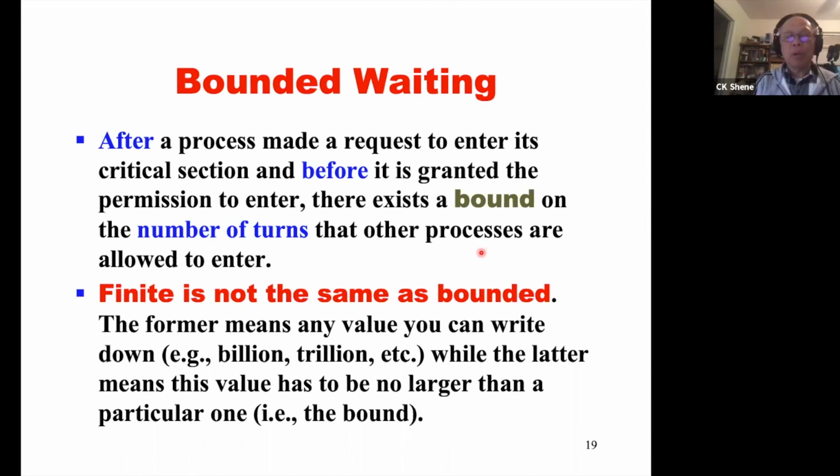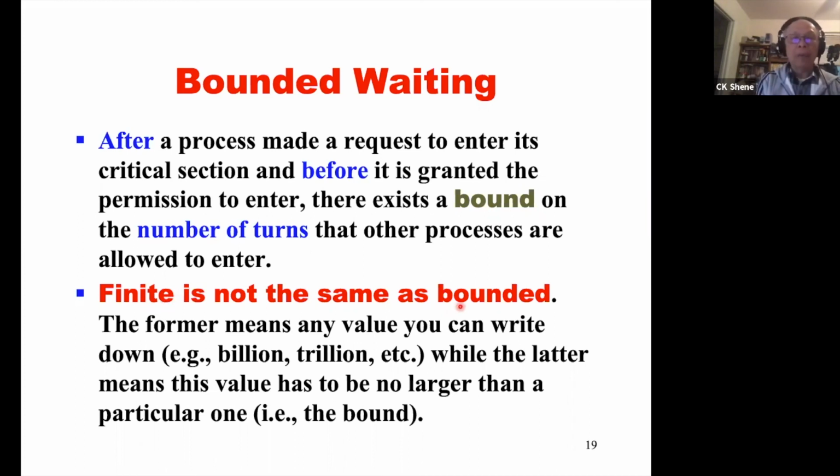Whether these 3 processes are the same or different doesn't matter. So a bound is definitely an integer, a value, right? Some of you usually could not distinguish the meaning of bound and finite. Always remember, finite is not the same as bounded.